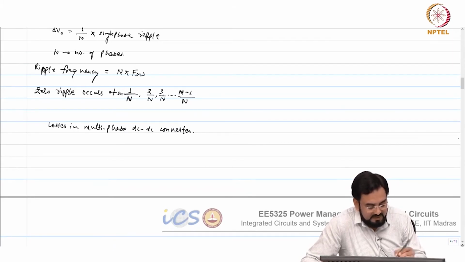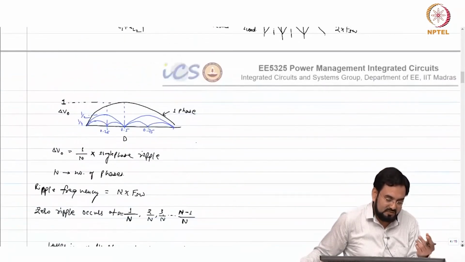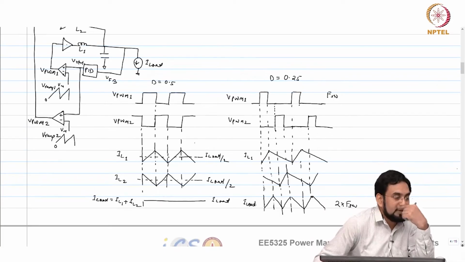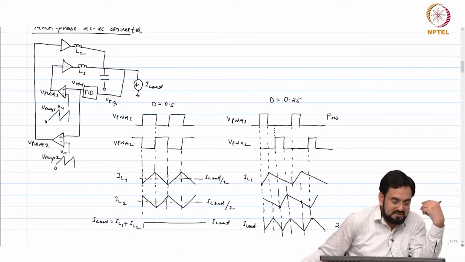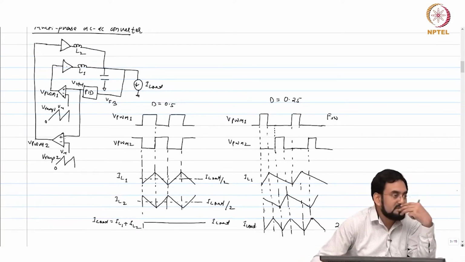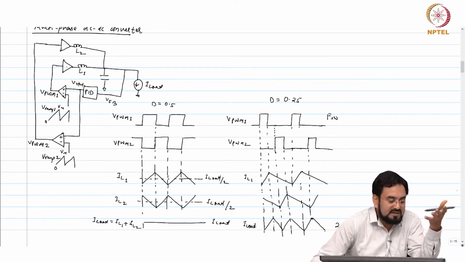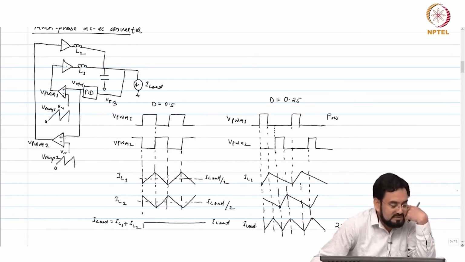By the way, by doing multiphase, what is the disadvantage? Advantage, we know it is a ripple. Can you tell me the disadvantage, just by looking at this? Yeah, it requires more components, more number of inductors, more number of power stages.